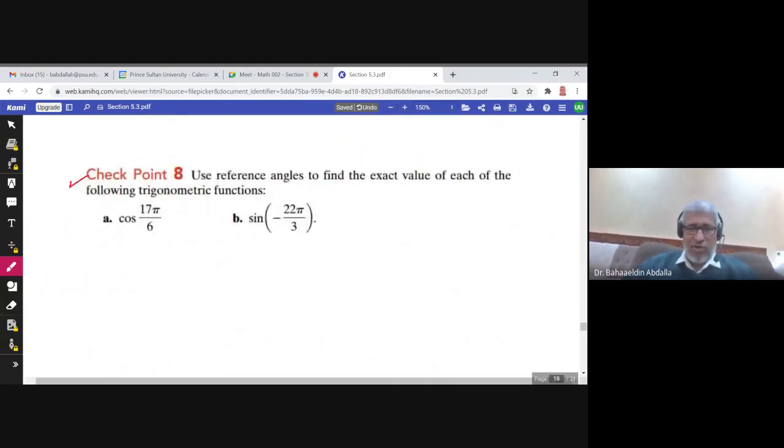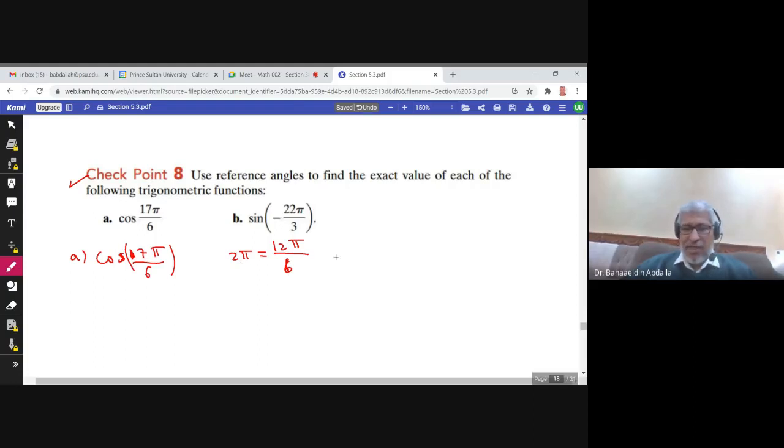Okay, so let me solve cosine 17 pi over 6. Now we need to find cosine 17 pi over 6 without using a calculator, using reference angles. First, this angle is greater than 2 pi. 2 pi, because the denominator is 6, is 12 pi over 6.